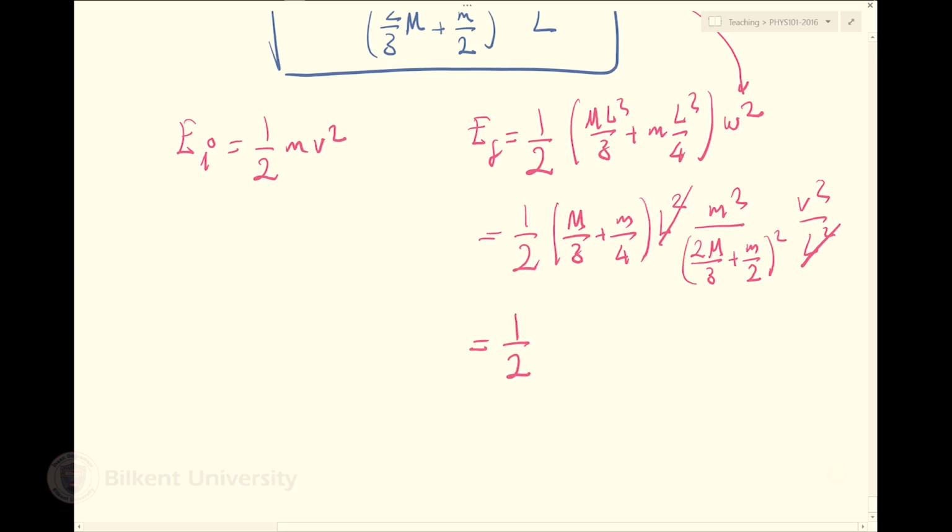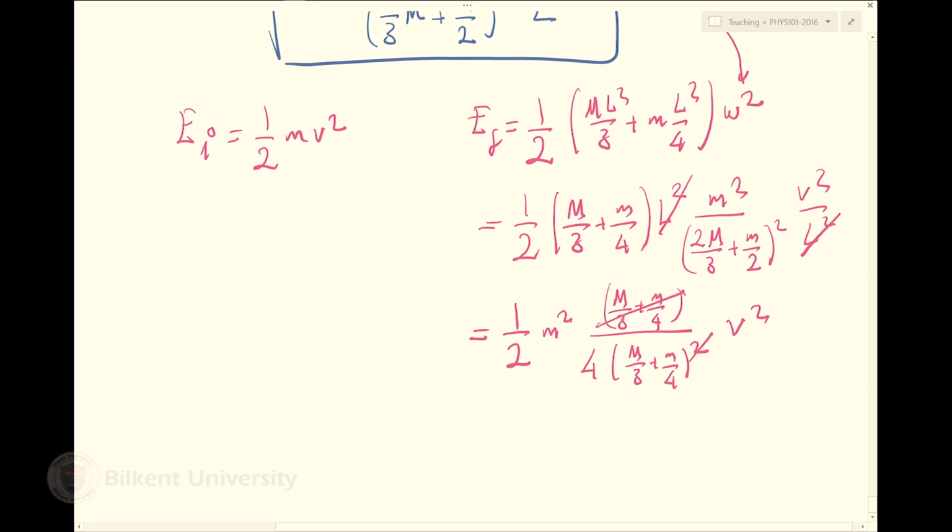1/2 m squared. Now I have M over 3 plus small m over 4 upstairs. And here I can take a factor of 2 out. So 4 times M over 3 plus small m over 4 squared, times v squared. 1 power of that goes away.